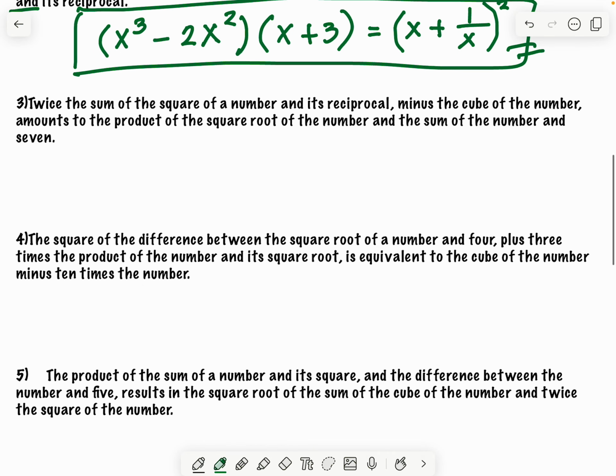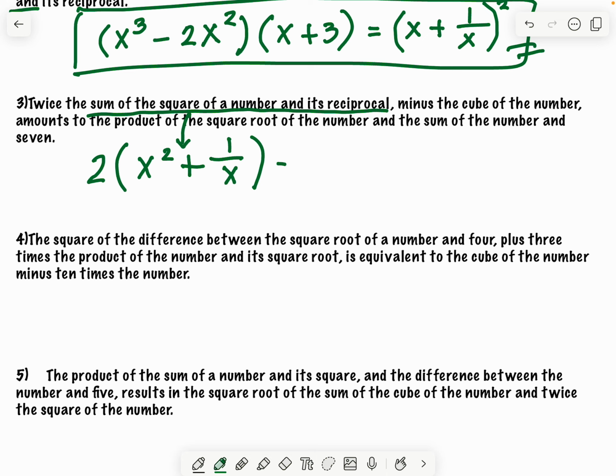Next, twice the sum of the square of a number and its reciprocal. So that means twice the sum of the square of a number, right? And its reciprocal, so 1 over x, sum of the square of the number and its reciprocal, so this is it, minus the cube of a number, so minus x cubed, amounts to.